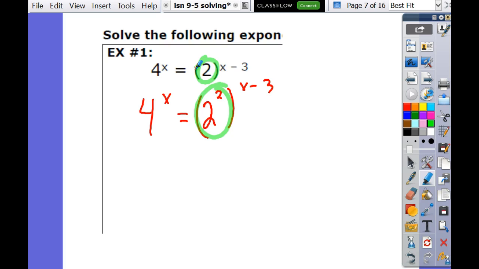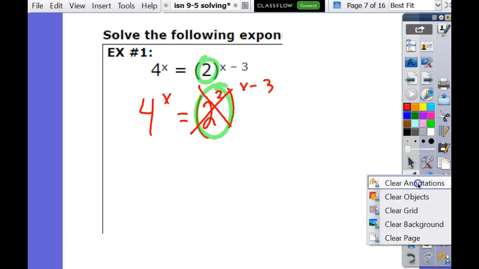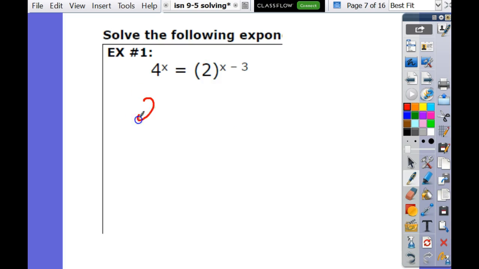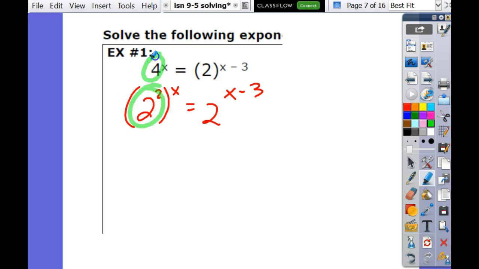This is not correct because this is not equal to the 2. Do you see the difference between what we did originally? This is correct because this is equal to the 4. You can only substitute things that are equal. So you can't substitute a 2 squared here because it's not equal to 2.